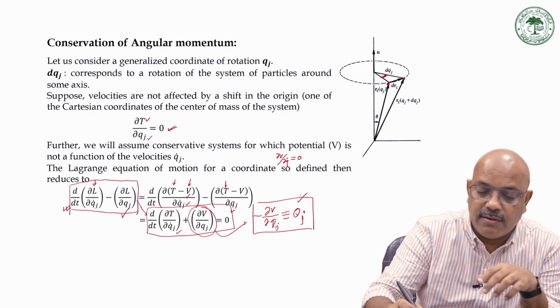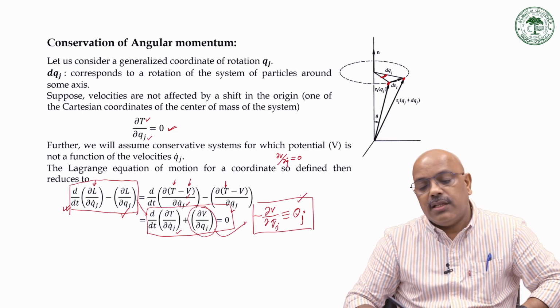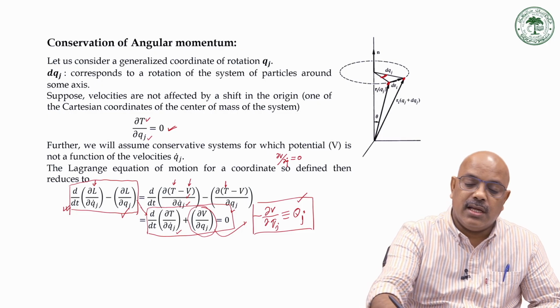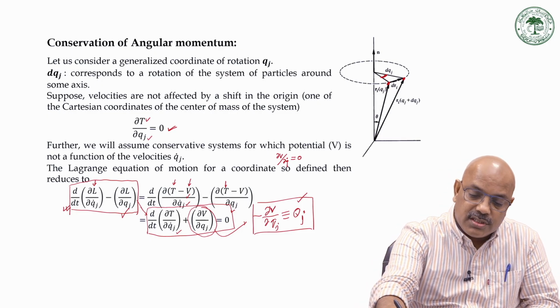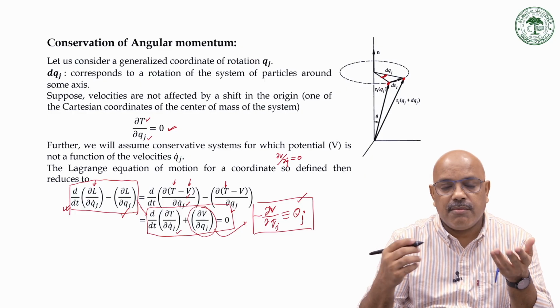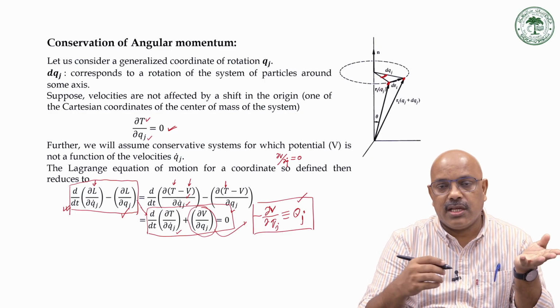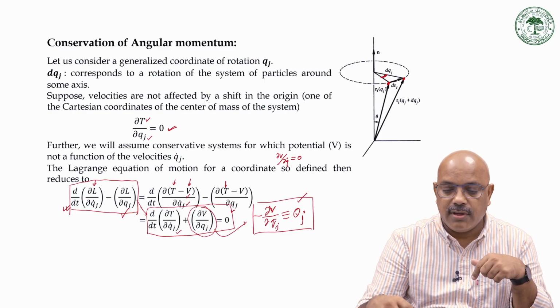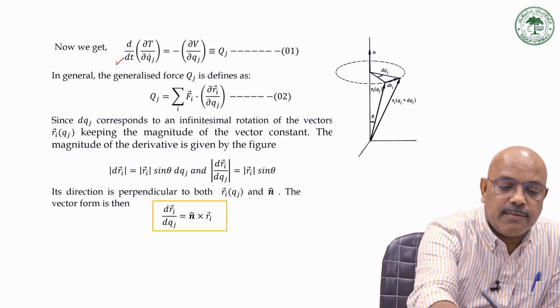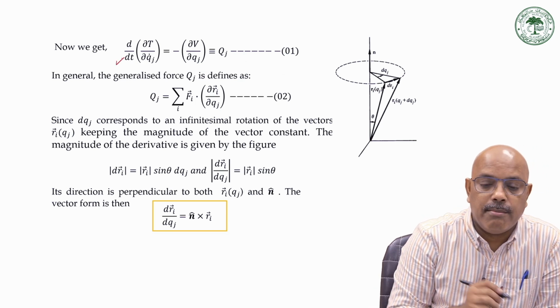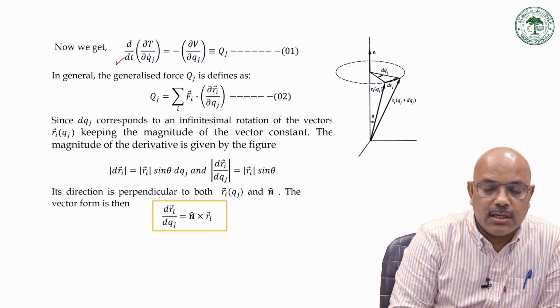Because if my system is conservative, then the force can be written as the gradient of the potential, so that means my force is derivable from the scalar potential. So this becomes equal to Qj, the generalized force.